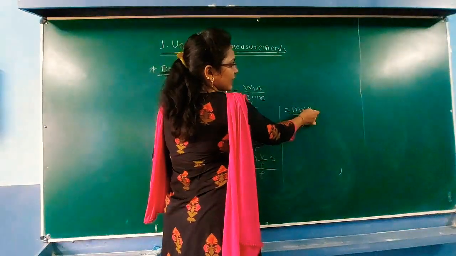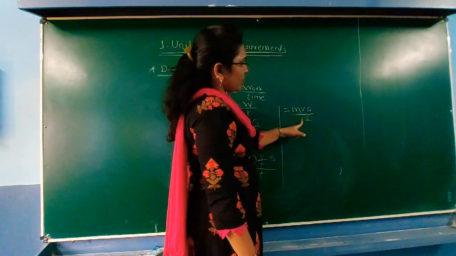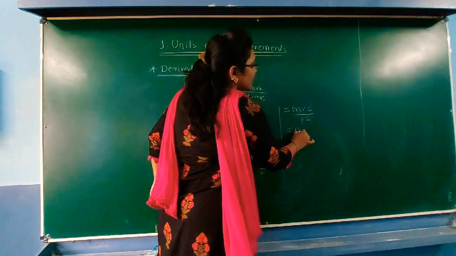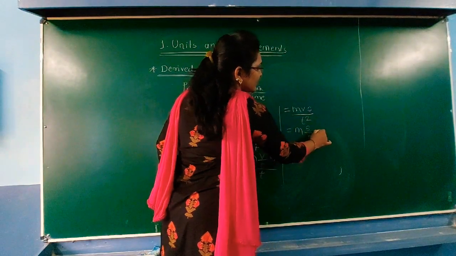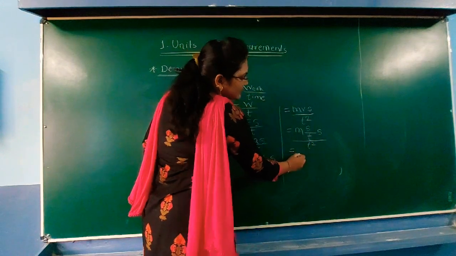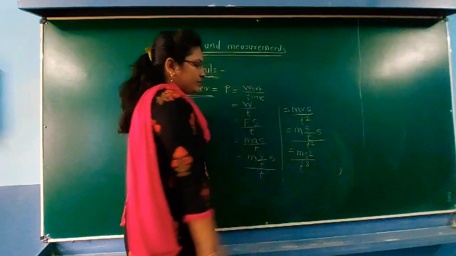Here M, S, T are three fundamental quantities, but V is not a fundamental quantity. So in place of V, we can write S by T, into S upon T square. Then it becomes M S square upon T cube.